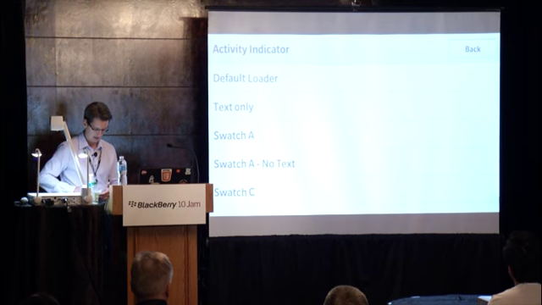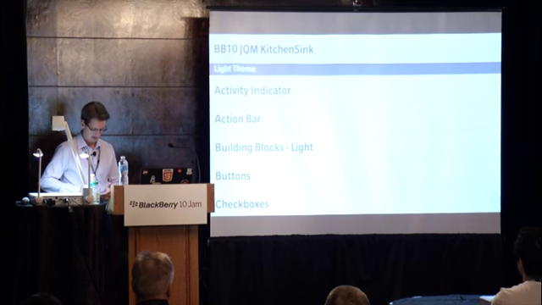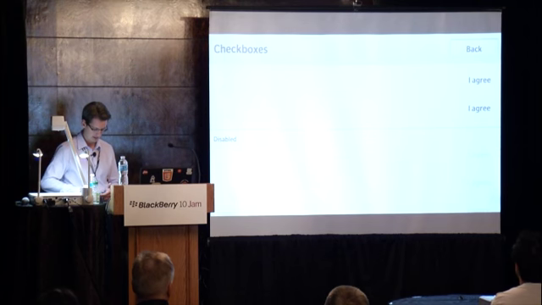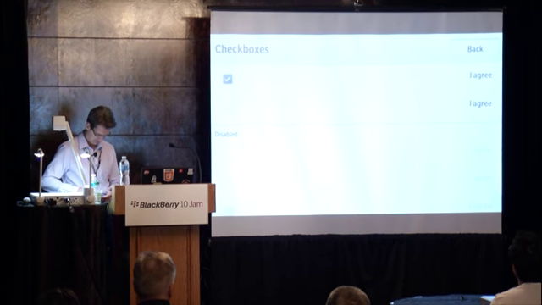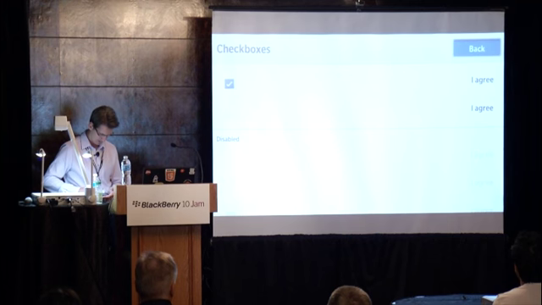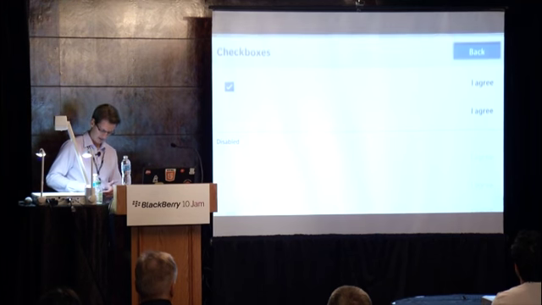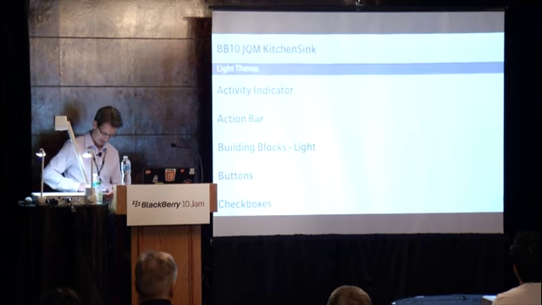Come on back. Checkboxes. Oh, here we are. So even the checkboxes have a neat animation effect to them. I think it's my device. It's not happy with screen touches.